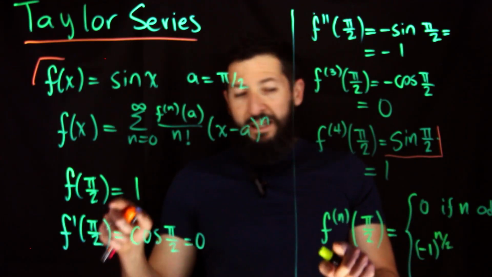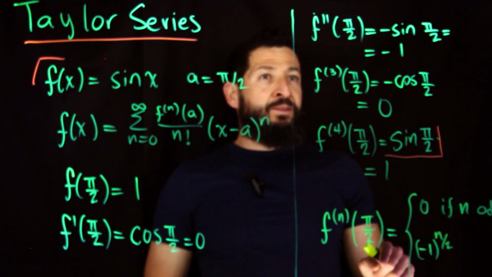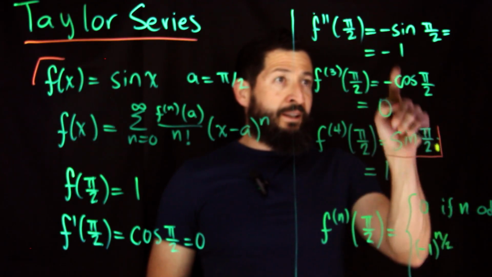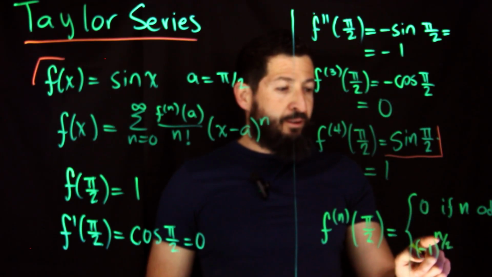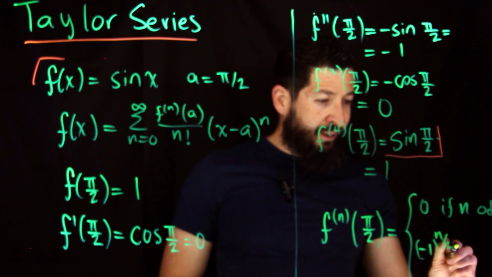Because if n is equal to 0, you get positive 1. If you have n equals 2, you get 2 over 2, so negative 1. And then n equals 4, you get 4 over 2, negative 1 squared is 1.